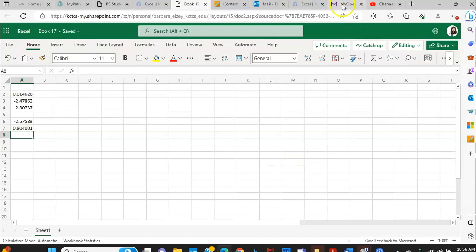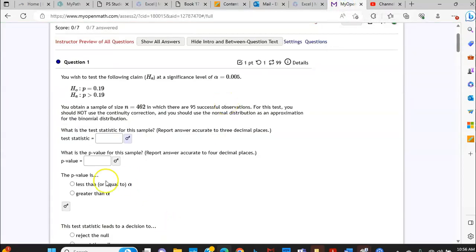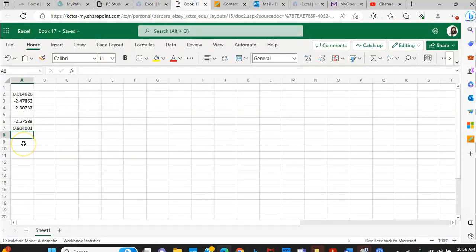If we look back at our problem, it's a greater than, so we have to subtract that from 1. So equal 1 minus 0.804001, and that is 0.196.